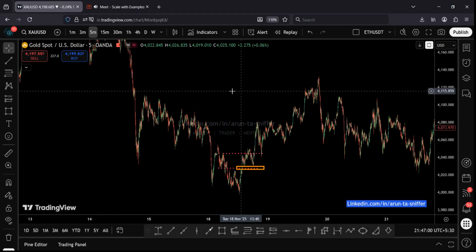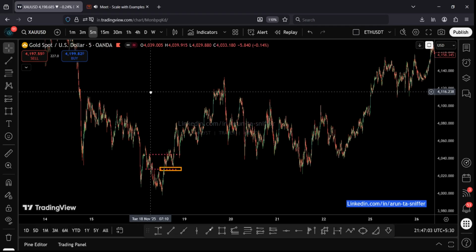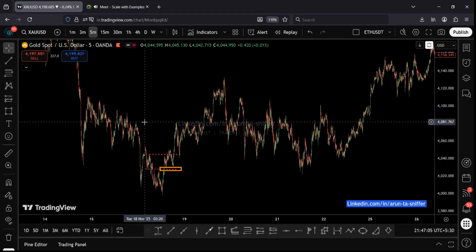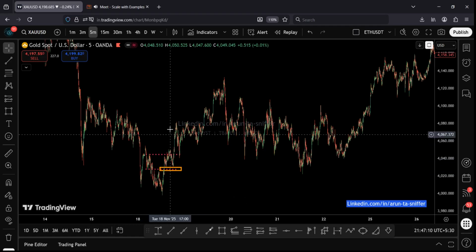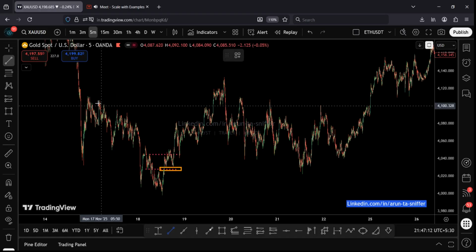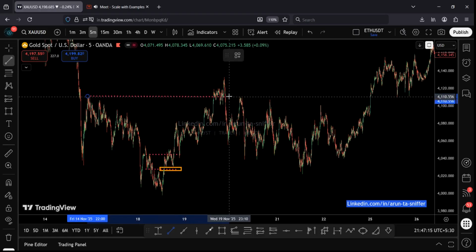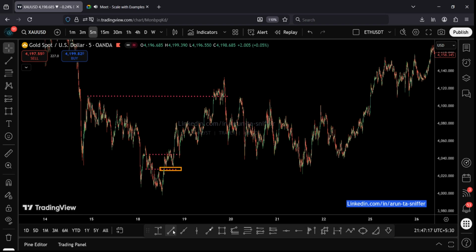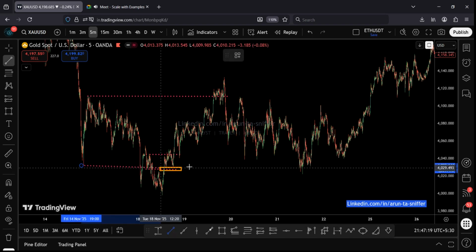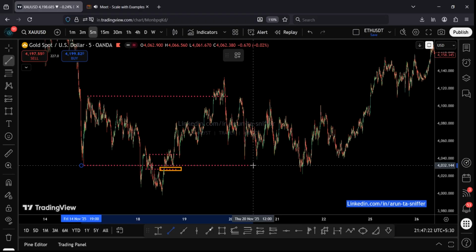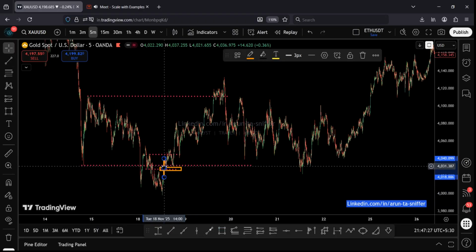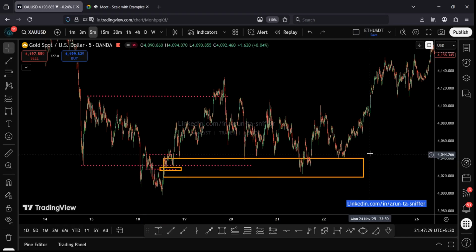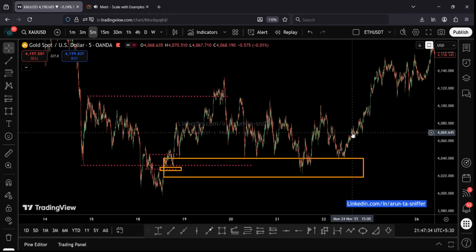When it engulfs this, it comes back to this DP here, and when it engulfs this, it comes back to this DP again here. Bigger one, right? This is how price moves in the market.